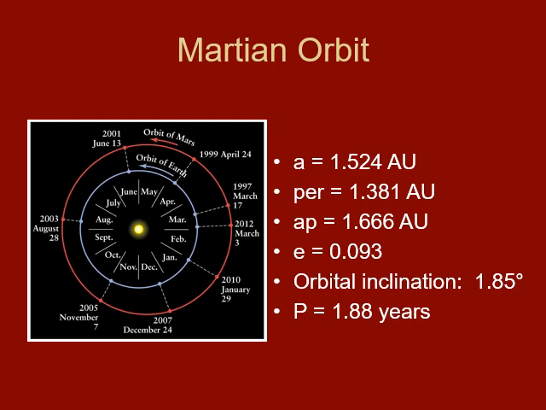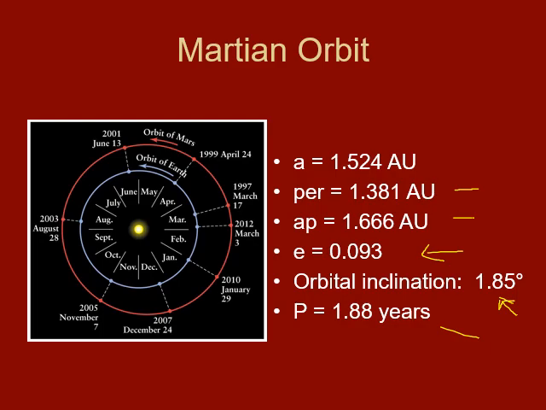The Martian orbit is much more elliptical than Earth's orbit, with 0.09 eccentricity. So it ranges from as close as 1.38 AU to about 1.67 AU, and it averages about 1.5 AU from the sun. The tilt of the orbit is almost 2 degrees relative to the ecliptic, so it's very close to Earth's orbit, and the period is about 1.88 years.